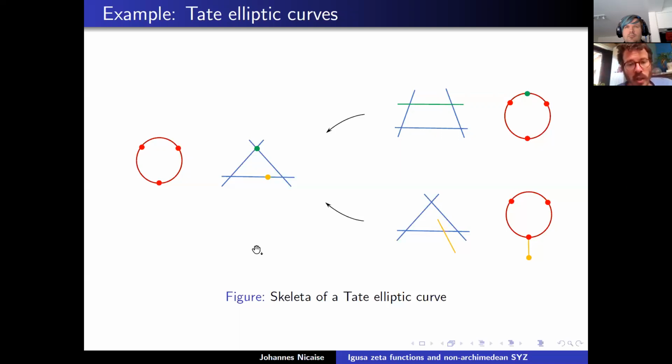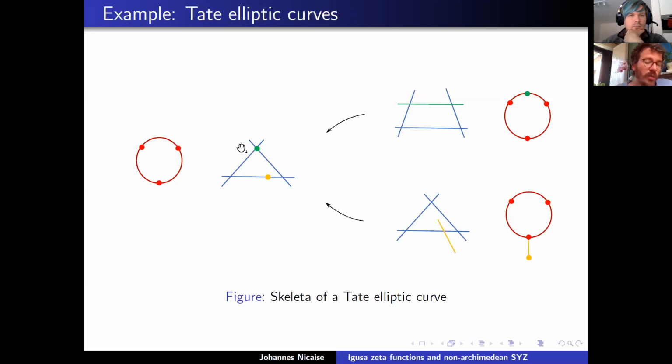I've drawn one example here in blue. I started from a well-chosen elliptic curve over the complex Laurent series field, taken its minimal strict normal crossings model, and I assume that the special fiber of this model is a cycle of 3 P1s, which intersect as indicated on the picture.